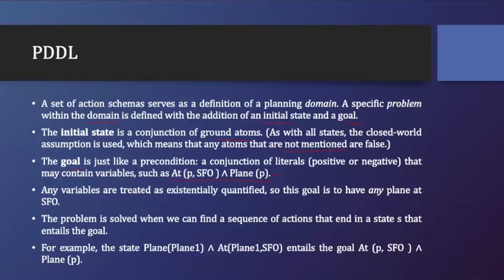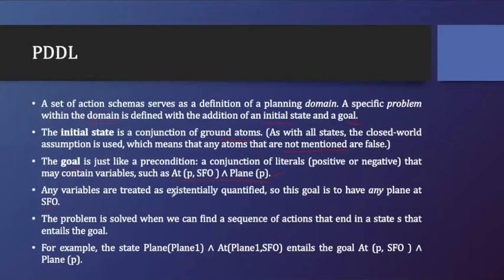Any variables are treated as existentially quantified. So this goal is to have any plane at SFO. So here, this P is nothing but an existential quantifier. We are not saying all the planes are in San Francisco airport. We are assuming that any plane is in San Francisco airport, and this any plane is a plane. Any P is a plane.